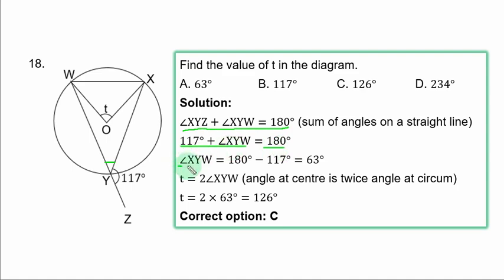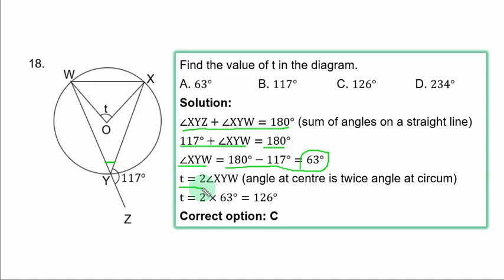To get angle SYW, you transfer 117 to the right hand side, and you have 180 degrees minus 117 degrees, and that is 63 degrees. Angle T is equal to 2 times angle SYW.